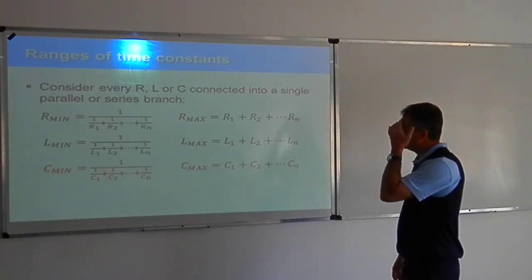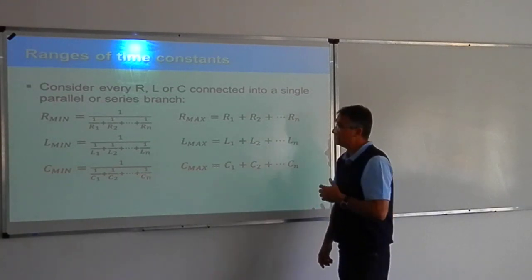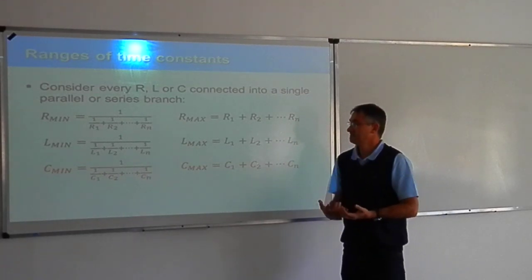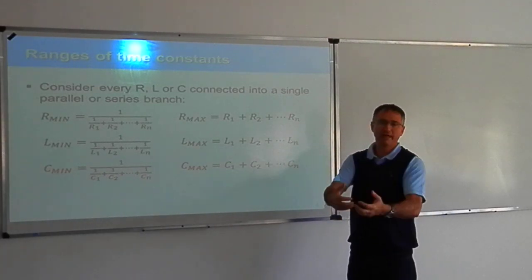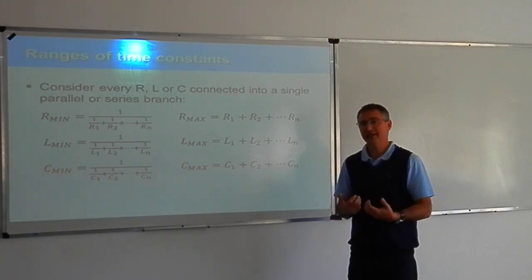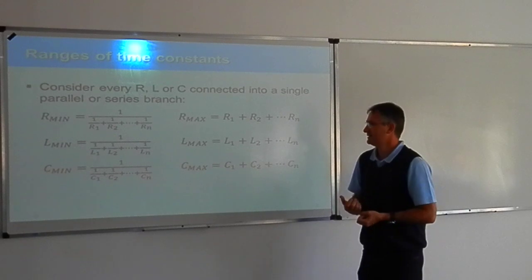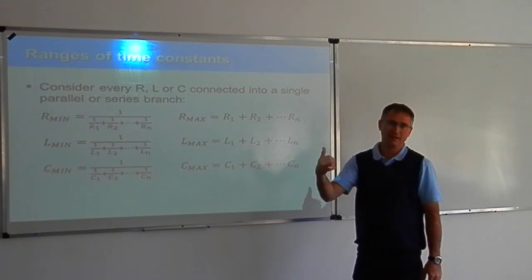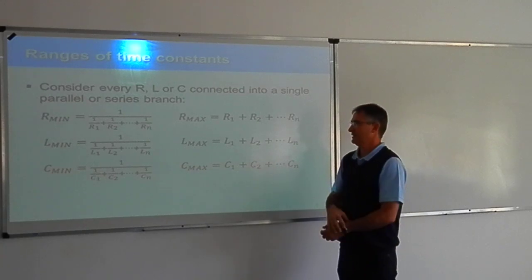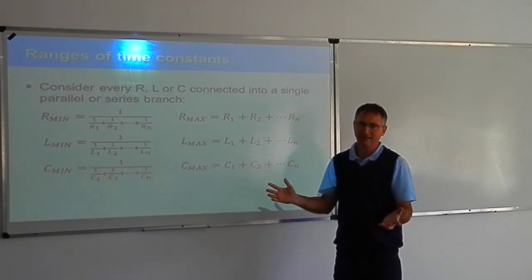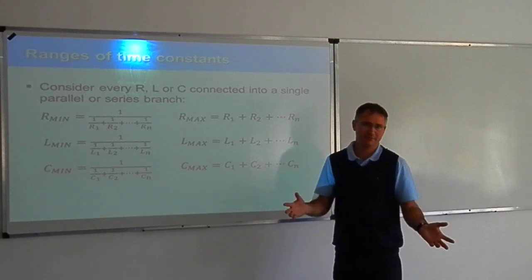So how can we do that? Well, one idea is, since we are not actually calculating the time constants, we're not calculating the real eigenvalues of the system, we can play with the data provided in the input from the user. So you can assume that all elements are either connected in series or in parallel.